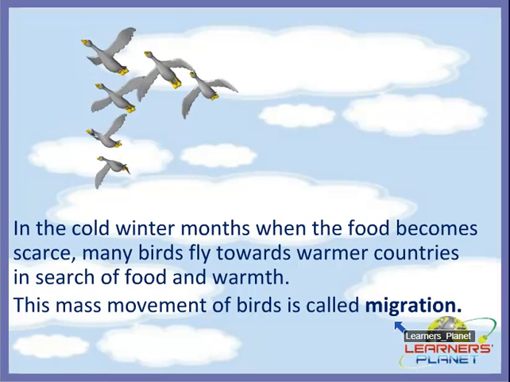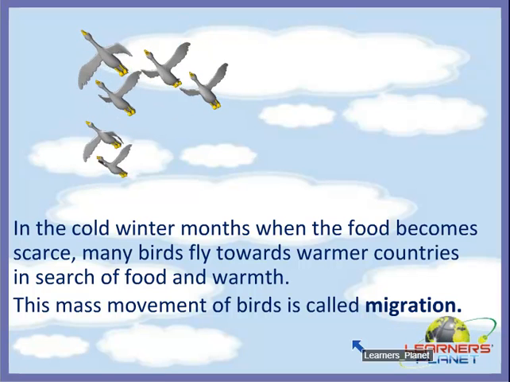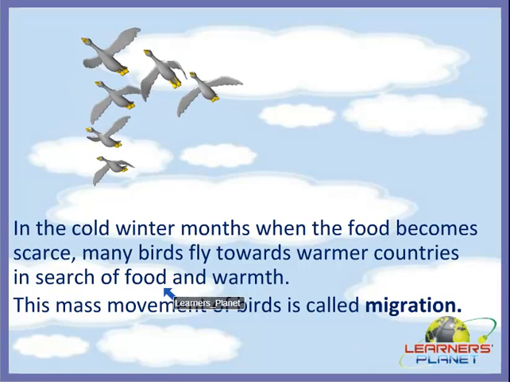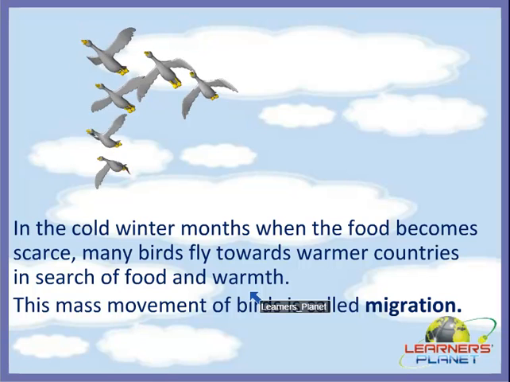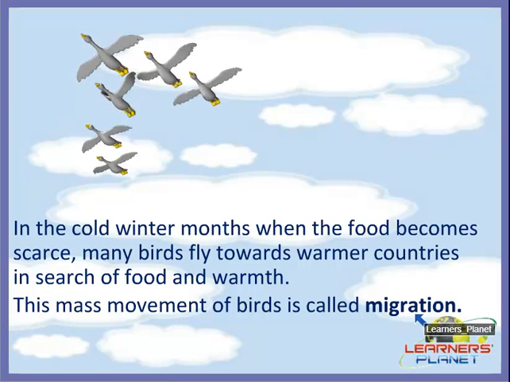Migration. Children, always remember that in the cold winter months, the food becomes very scarce. So many birds are not able to get the food. So how do they get the energy? Yes, they will fly towards the warmer countries in search of food and warmth, and this kind of mass movement of birds is called migration.